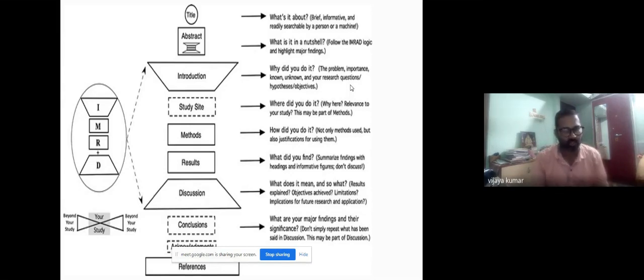I discuss what the problem is. I will write a rationale on whether this problem is worth investigating, and then I will discuss what is known about the field. Then I will explore what is unknown in the field. Then I will write my objectives, and then I will start my research. So this is how I actually begin my research.